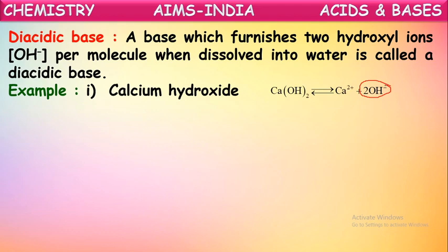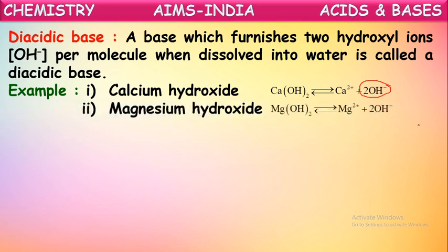So this kind of bases which furnish two hydroxyl ions from each molecule are called diacidic bases. One more example, magnesium hydroxide. Here also two OH minus ions are produced from each molecule of magnesium hydroxide. So it is also a diacidic base.